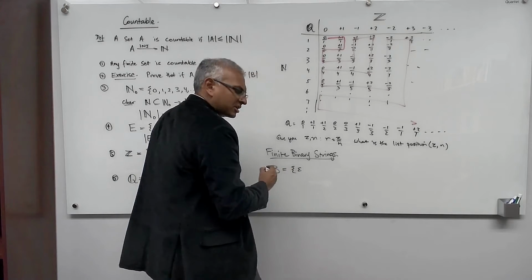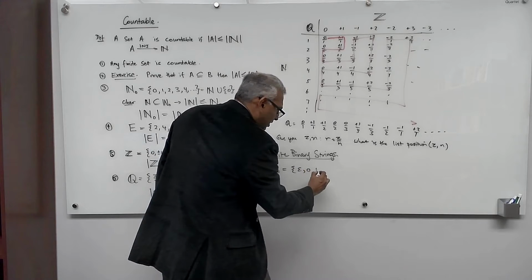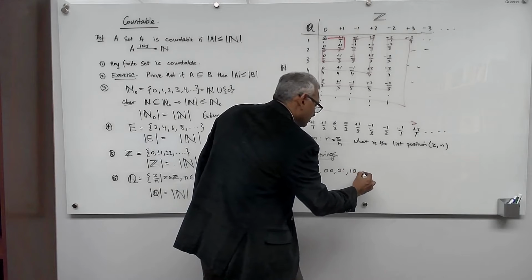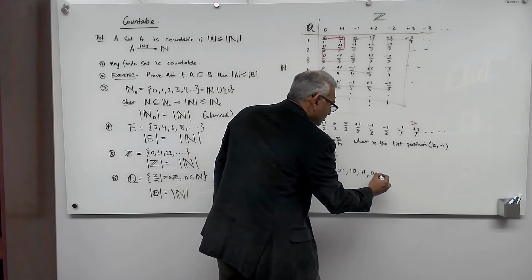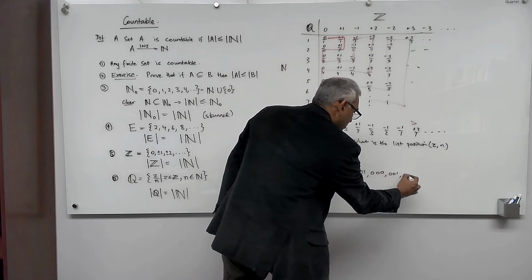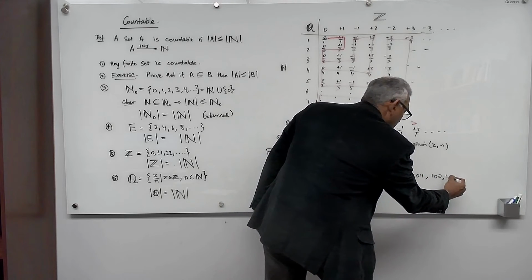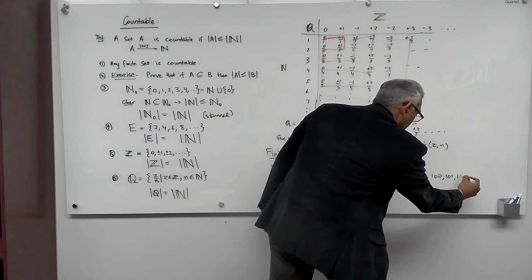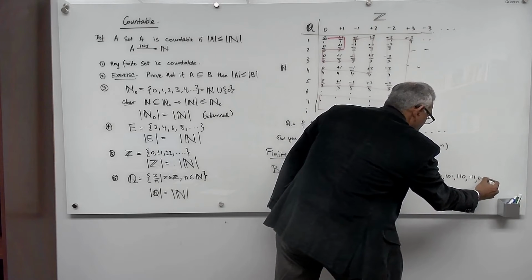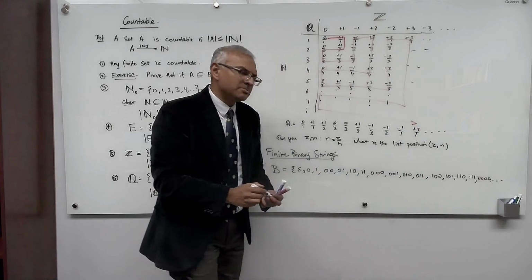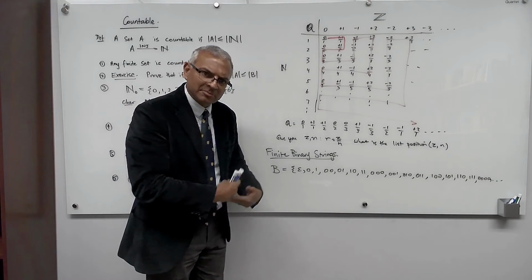Well, we have the empty string. Then we have 0, 1. Then we have 00, 01, 10, 11. Then we have 000, 001, 010, 011, 100, 101, 110, 111, then 0000, and so on. I've chosen to list the finite binary strings in a particular order.